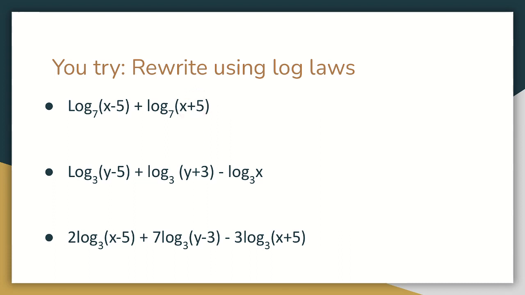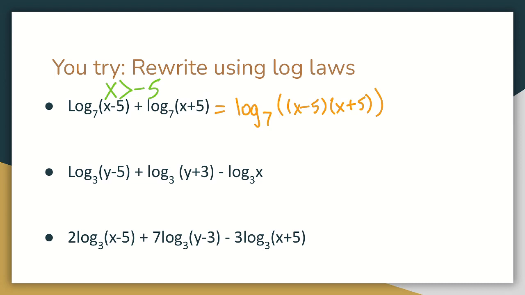So we can say x greater than -5. Now if we convert this, this will be log base 7 of the quantity x minus 5 times the quantity x plus 5.